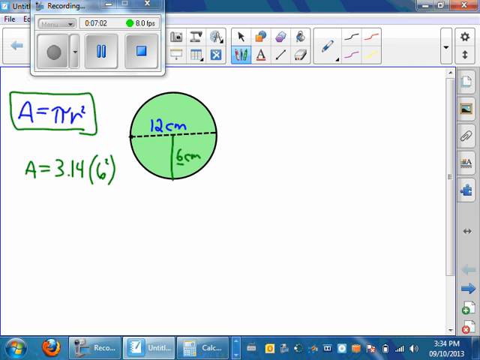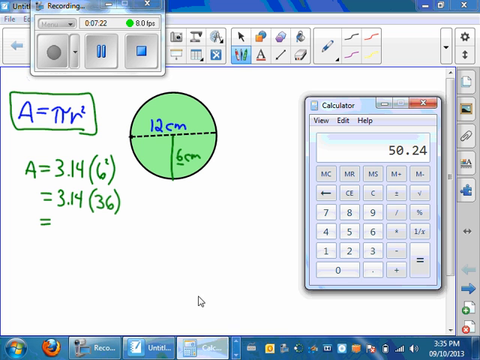All right, now what we got to do is follow our BEDMAS. 6 squared is going to be 6 times 6. So since we're good at our times tables and we know that 6 times 6 is 36, we're left with 3.14 times 36. Let's bring up our calculator. Just hit clear.